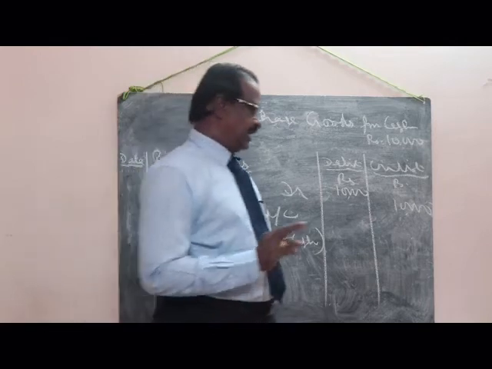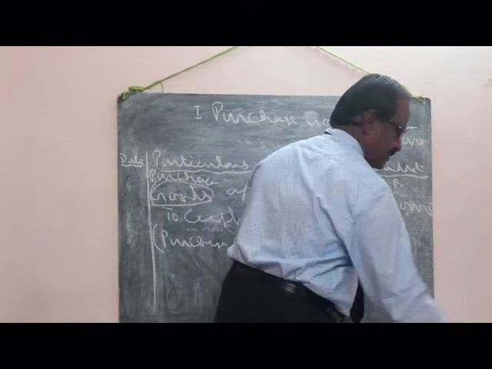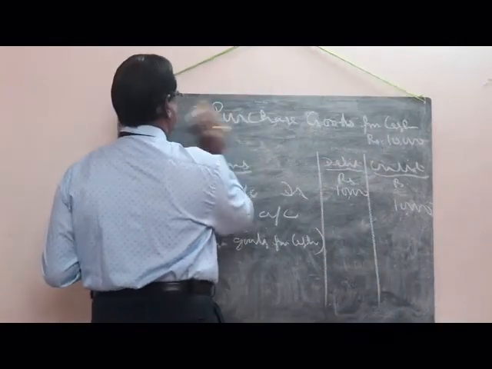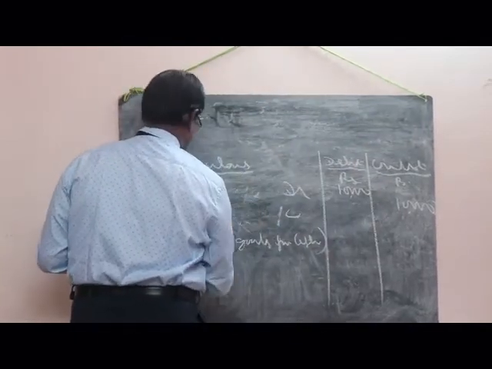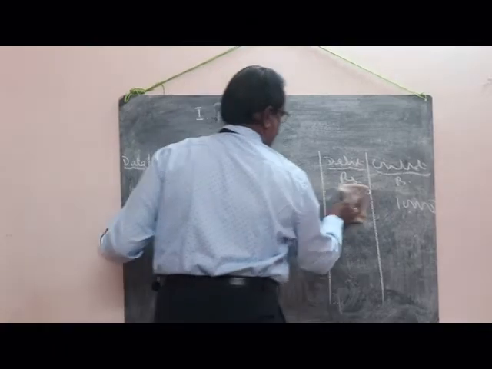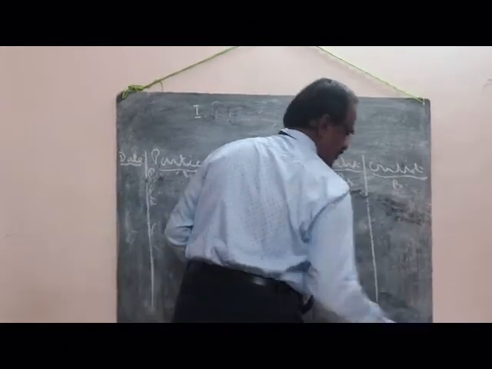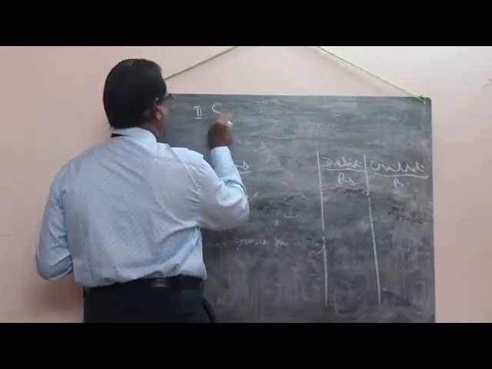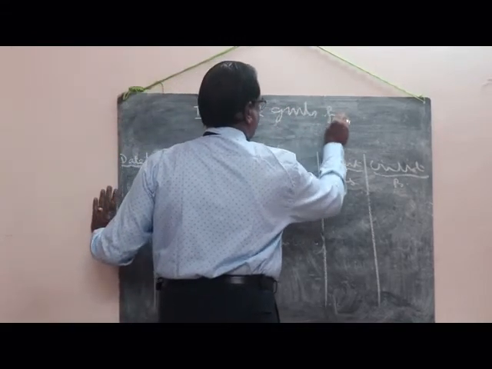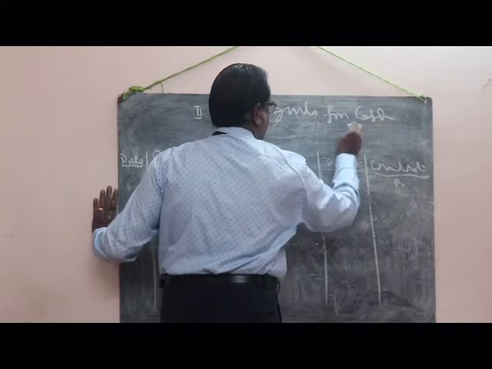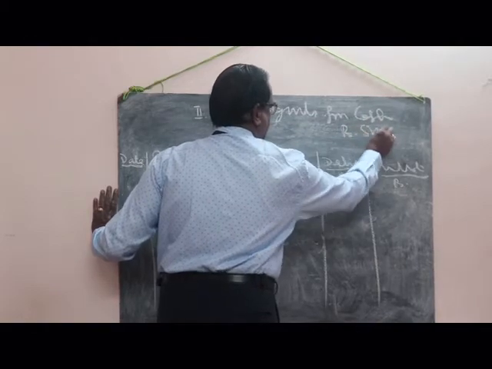I'll give another example. I'll give the next example. Sold goods for cash, rupees 5,000.